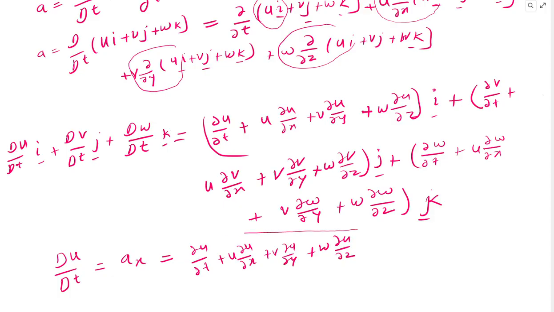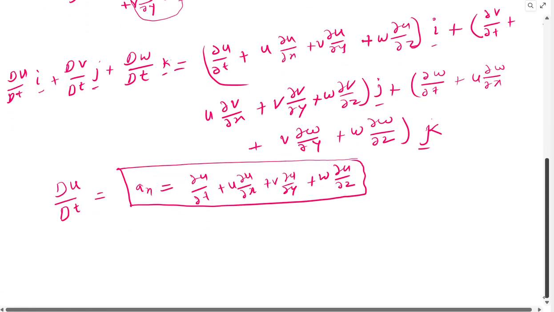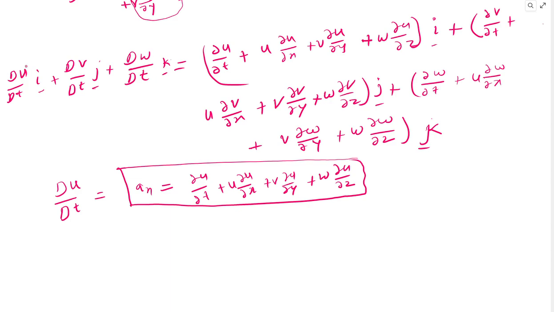So we can write a_x, acceleration in the x direction, using this expression. The left side is a_x i plus a_y j plus a_z k, so we can write acceleration in the x direction, acceleration in y, and acceleration in the z direction, right?